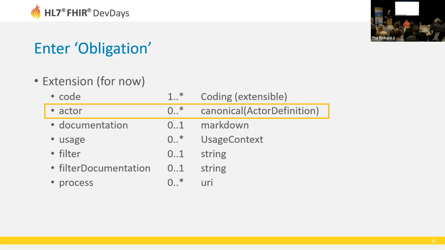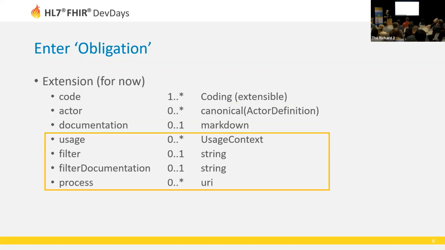Good question. So we have what are our expectations, and we have who are the expectations for. Actor is optional, so if you don't specify any actors, then the implication is that it applies to everybody, but you have the ability to be more fine-grained in terms of who the obligations apply to. Then we've got documentation, which is self-explanatory, and then we've got these other four things that allow you to make the obligations conditional.